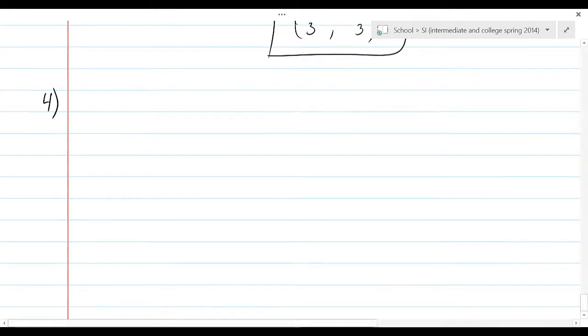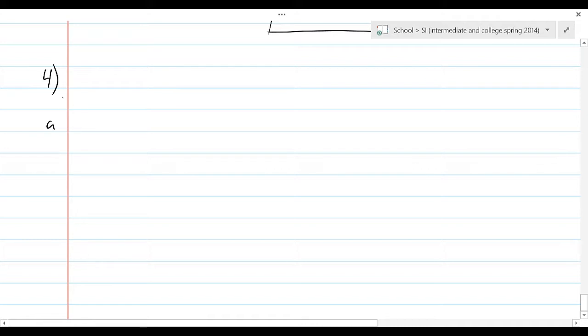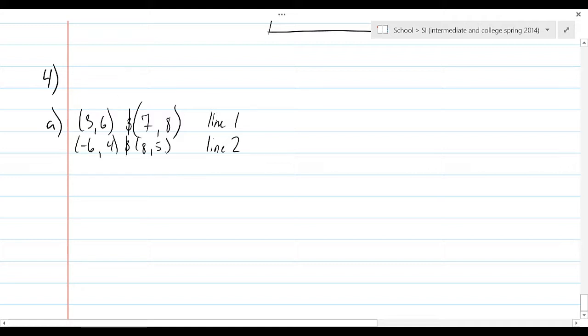Okay, so for part A, we've got a line passing through, and here are the ordered pairs, 3 comma 6 and 7 comma 8, and another line, line 2. We've got negative 6 comma 4 and 8 comma 5.